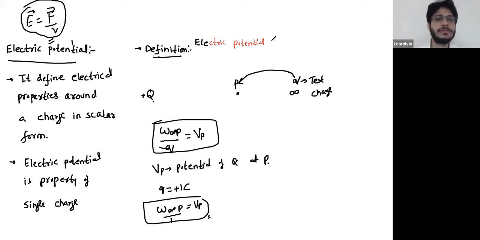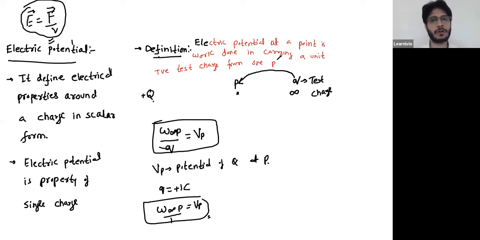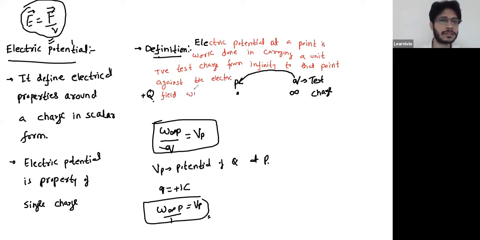Electric potential at a point is work done in carrying a unit positive test charge from one point to another, or it's from infinity to that point, against the electric field, without acceleration.